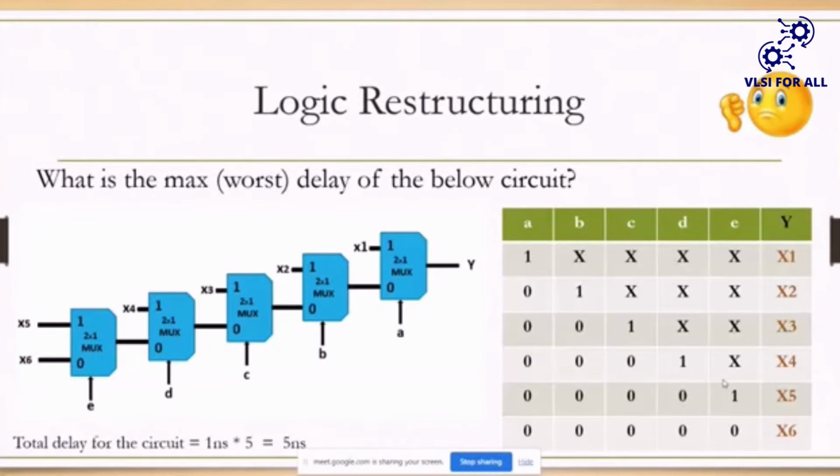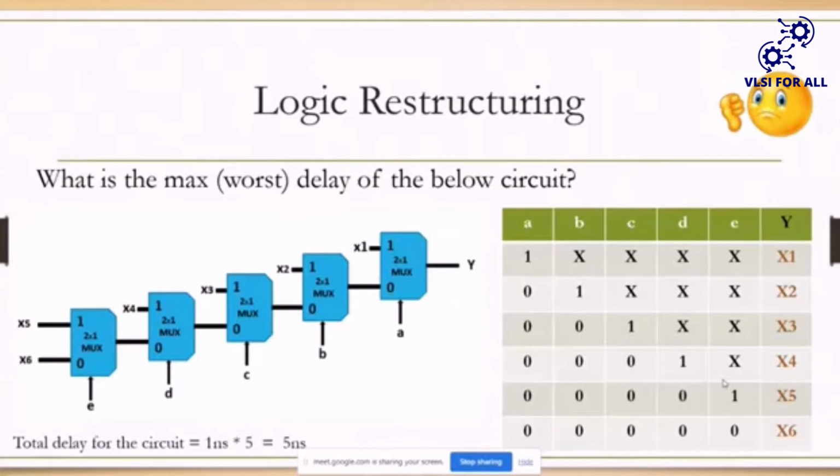Let's assume each multiplexer requires a cell delay of 1 nanosecond. Then the total delay of the design is 5 into 1 nanosecond, which is 5 nanoseconds. But team, because of various reasons, I want to reduce the delay of this design to 3 nanoseconds. Let's assume. Then how can you do it?